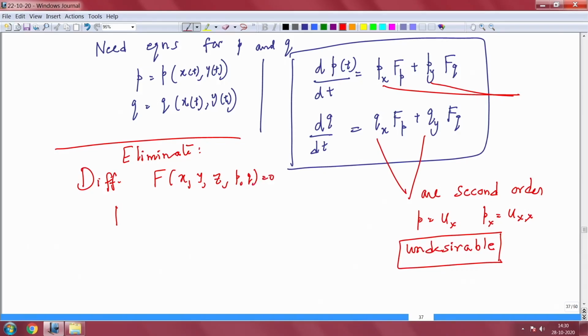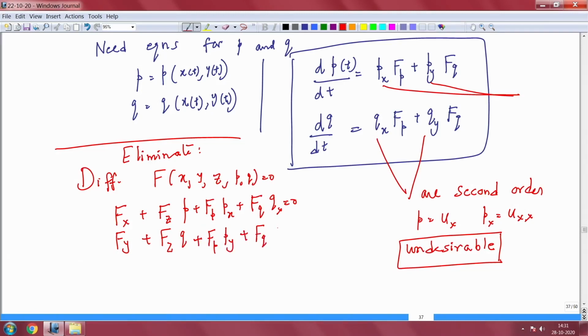If you differentiate, you get fx plus fz into p plus fp into px plus fq into qx equal to 0, and similarly you differentiate with respect to y, you get fy plus fz into q plus fp into py plus fq into qy.